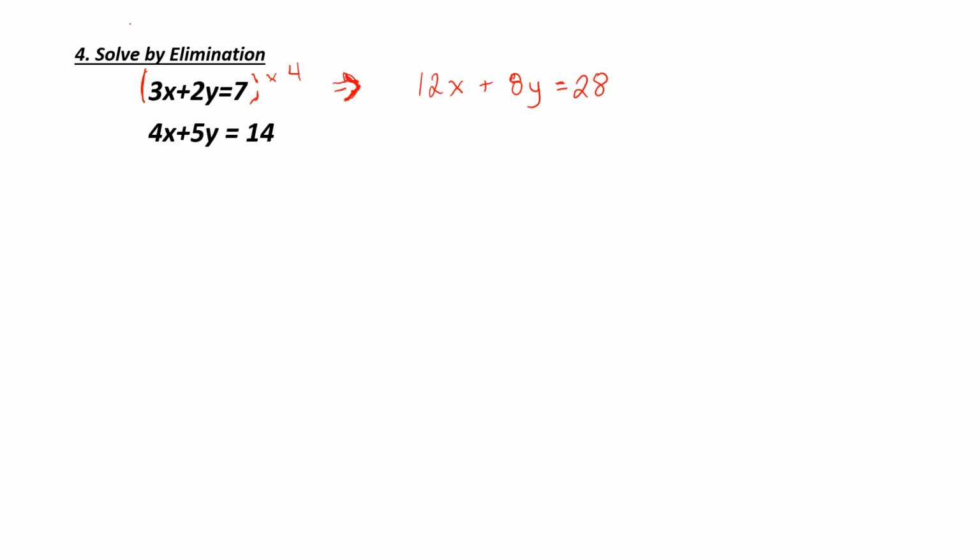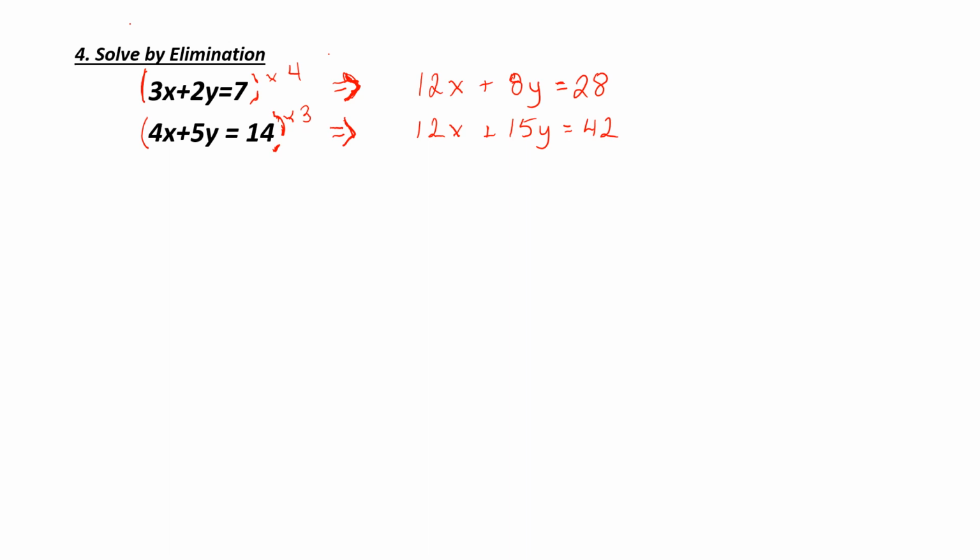My second equation, to get 12, I multiply 4 by 3. So I'm going to multiply this entire equation by 3. So what's that going to give me? 3 times 4x is 12x. 3 times 5y is plus 15y. Equals 3 times 14 is 42.